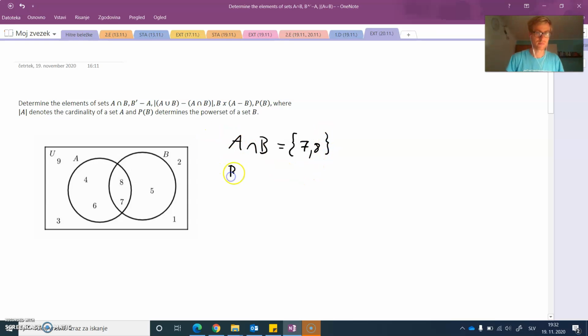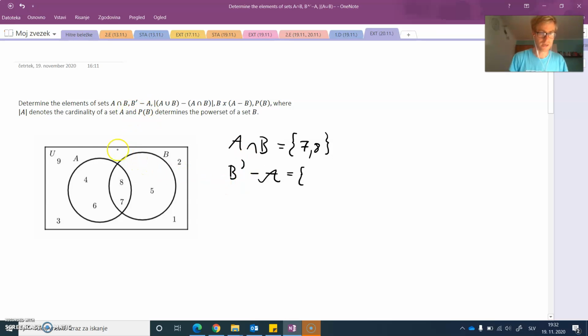Then we have B dash without A. If we remember, B dash, that was everything outside of B. So you see this is a universal set, and B dash, meaning it's like cutting that B out of that universal set. And then you take A away from that also.